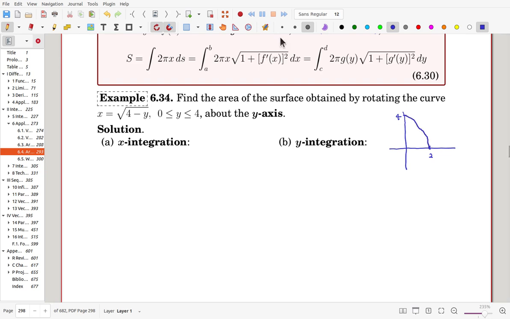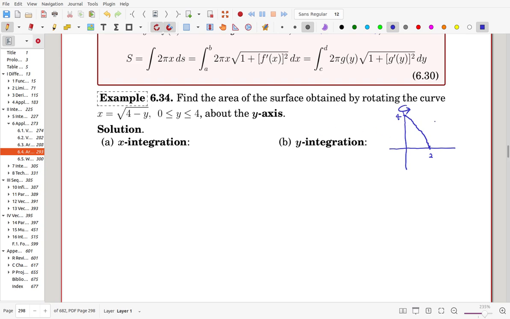Okay, let's try to make the curve a little bit better. My hand is shaking a little bit. Anyway, that's the curve. We made a rotation about the y-axis, so the surface was made.